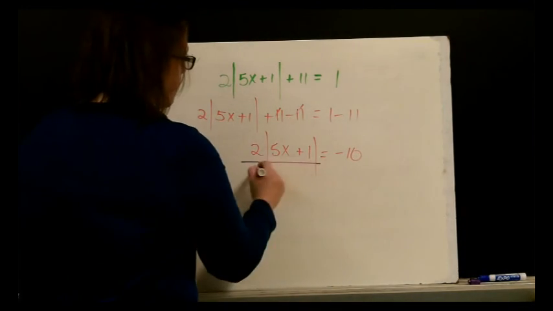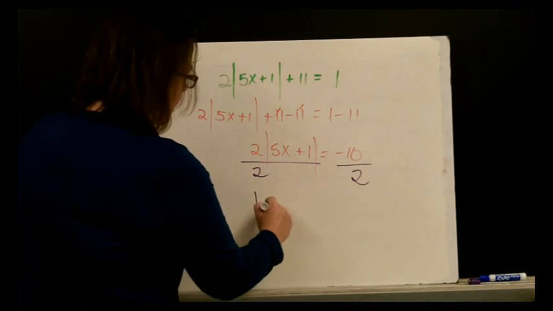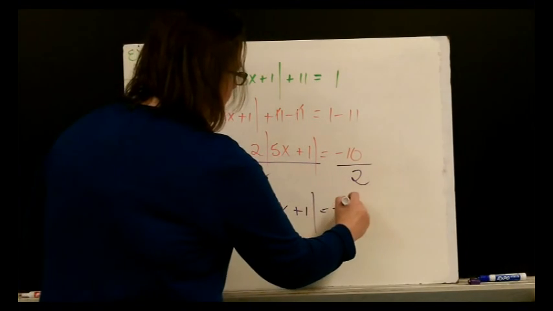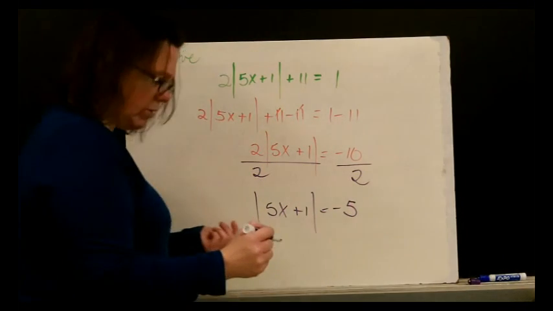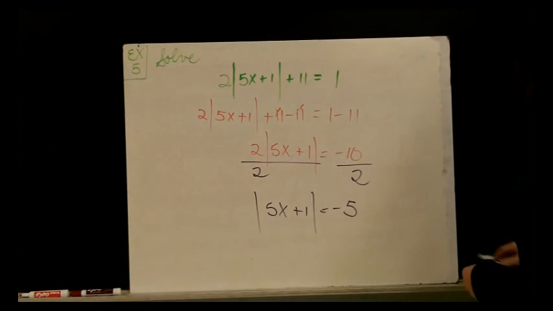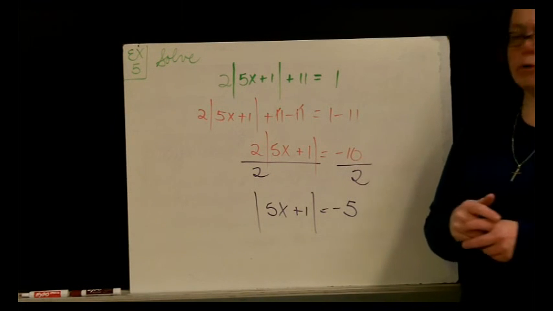Then we're going to divide both sides by positive 2. And we end up with the absolute value of 5x plus 1 equals negative 5. And this is very important. This is the twist. We have our absolute value expression by itself, but you notice it's equal to a negative number.